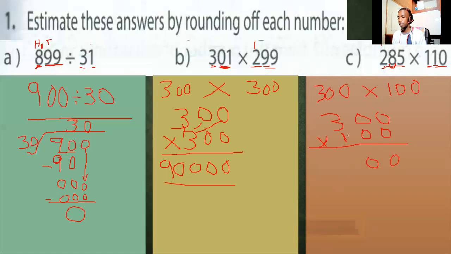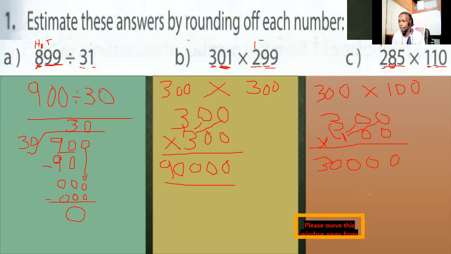Then 1 times 0, it's 0. Then the same 1 times another 0, it's 0. Then 1 times 3, it is 3.